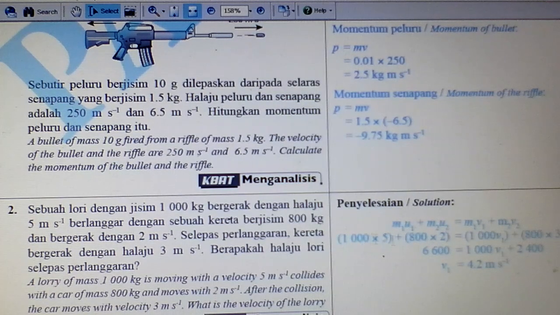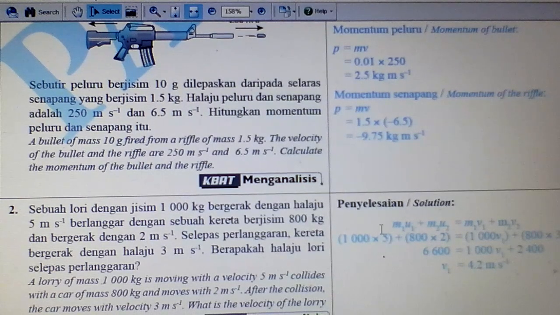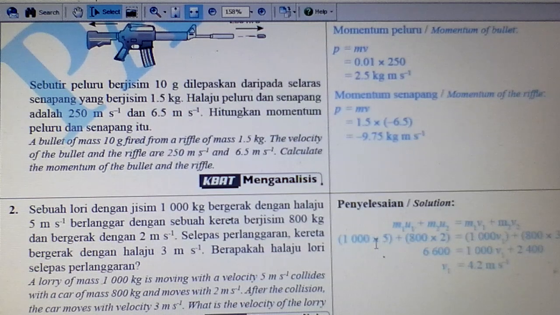Okay, so total momentum is conserved, or we can say that total momentum before collision equals total momentum after collision. For this type of question, I always sketch a bit to show the direction. In this case, there's no opposite direction, so all the values we put as positive direction.